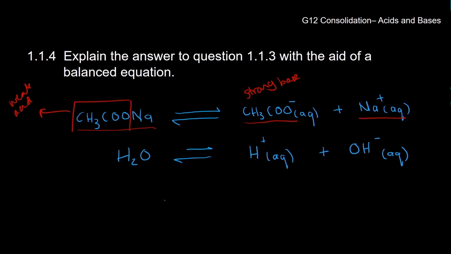So this ion is going to be hungry for protons. It is going to be really keen to pick up the proton that is available from the ionization of water. And how can we show that in our balanced equation?